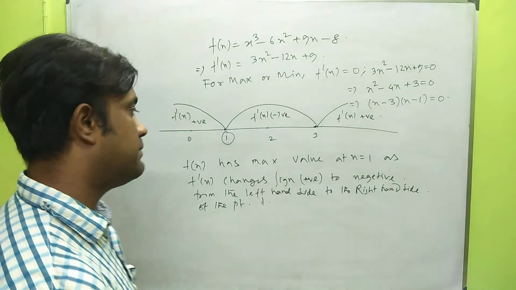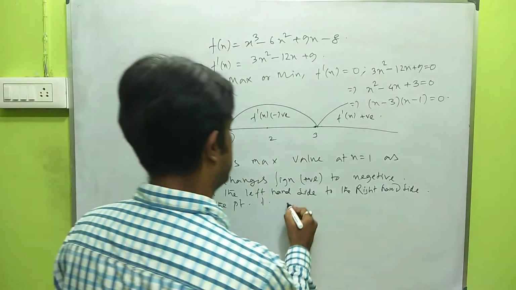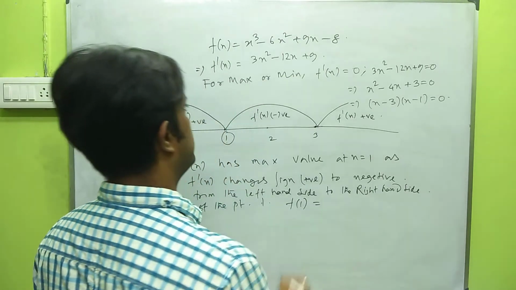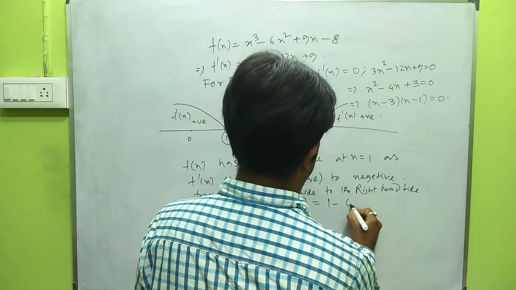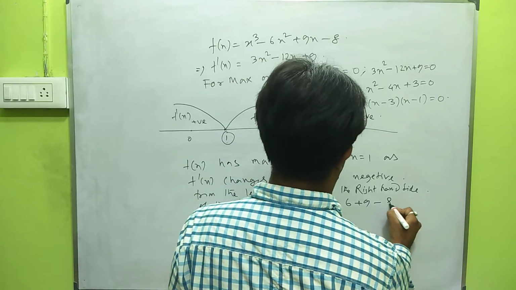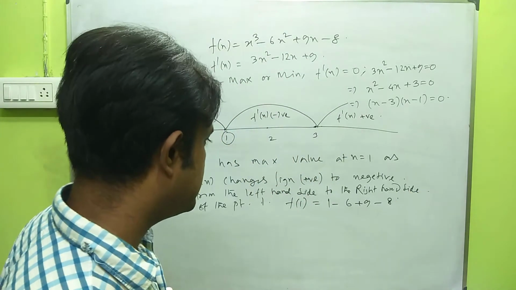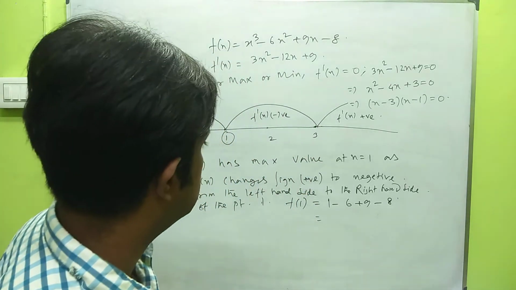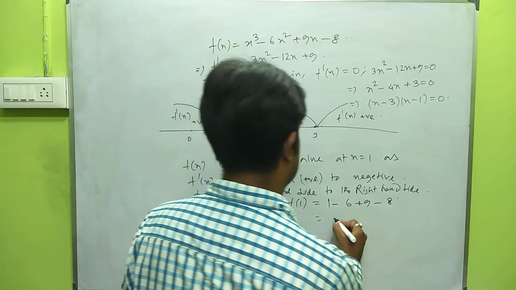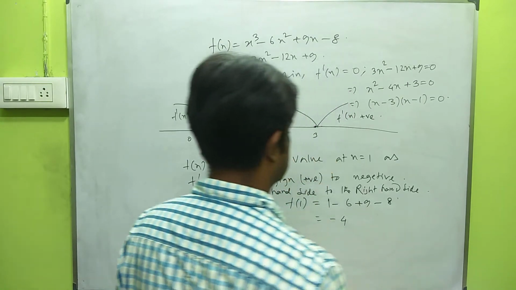So its maximum value will be f of 1 is equal to 1 minus 6 plus 9 minus 8, that will be minus 4.